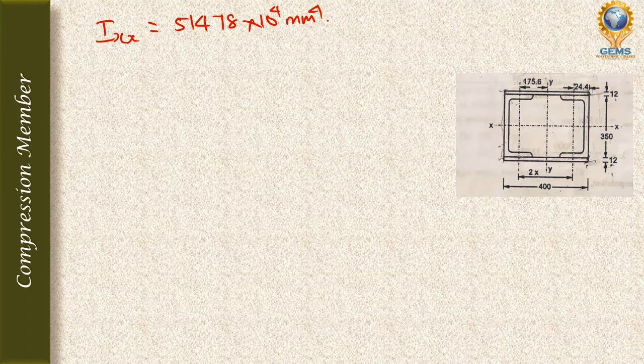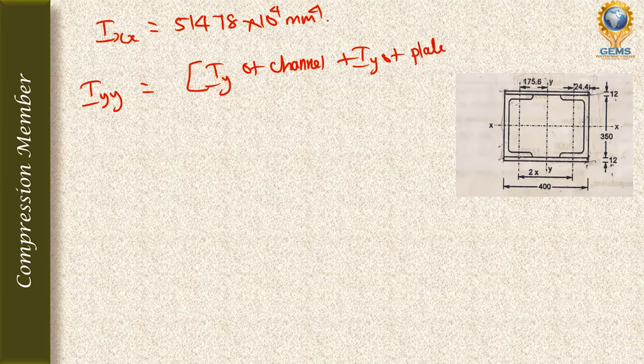Then we can calculate the IYY. The IYY value is Iy of channel plus Iy of plate, into 2 times.